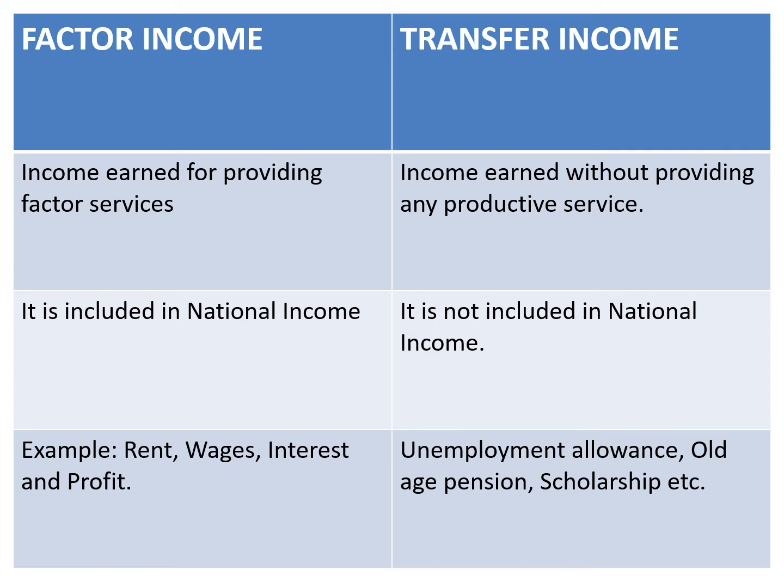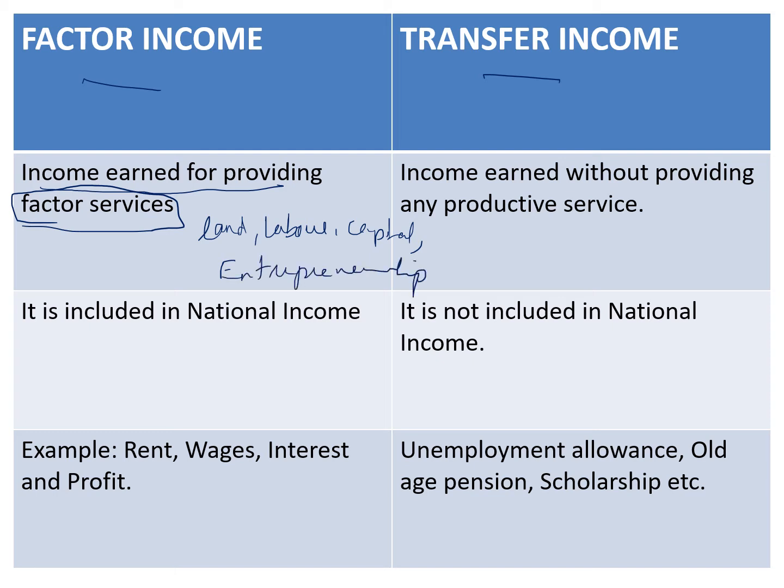Next one is factor income and transfer income, the difference between them. What is factor income and what is transfer income? Income earned for providing factor services is called factor income. What do factor services mean here? Factors of production are land, labor, capital, entrepreneurship.